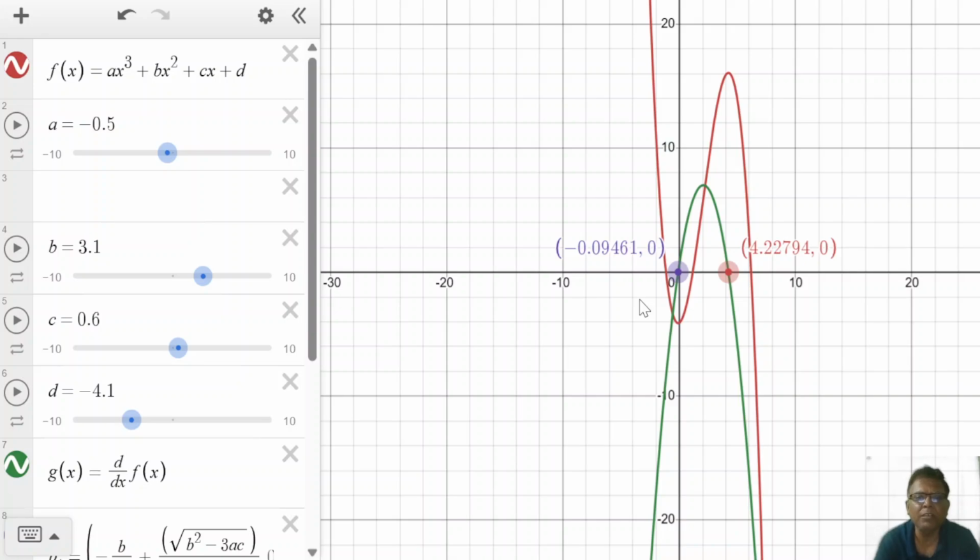For only one root, either there is no maxima and minima, or if there are, both have the same sign. For three roots, the maximum and minimum values must be of opposite sign.